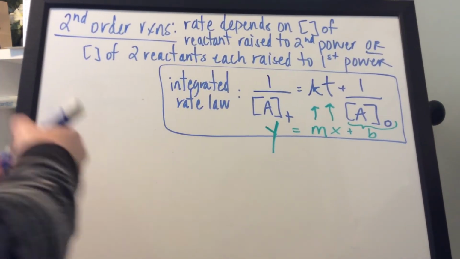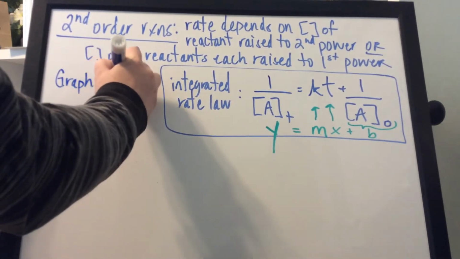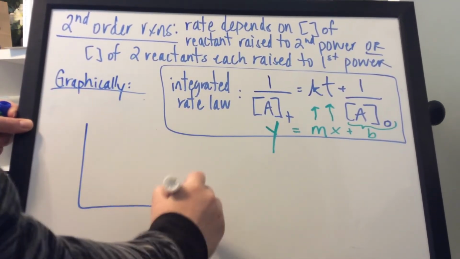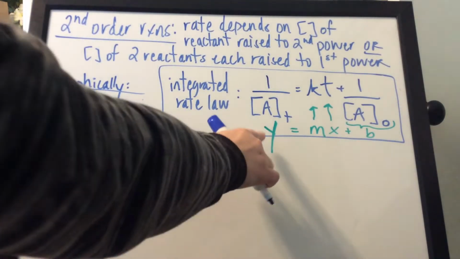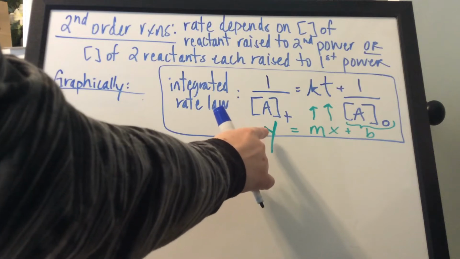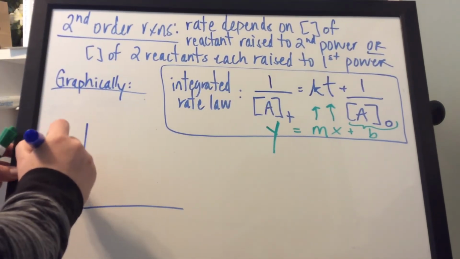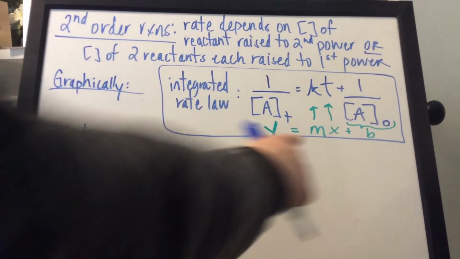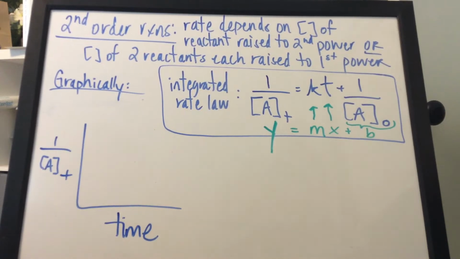Of course, we can talk about this graphically, just like we did before. This time, if I have some data and I graph it, my y-axis would not be the natural log. It'd be 1 over the concentration of A at time t. My x-axis, though, would still be time. Notice this time my slope, which is k, is positive.